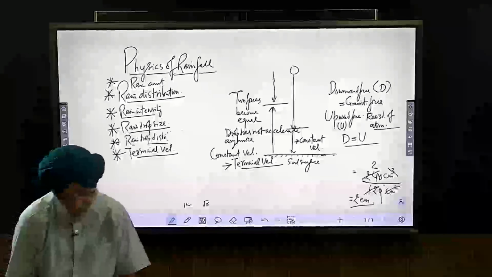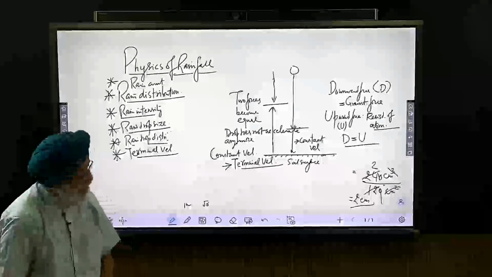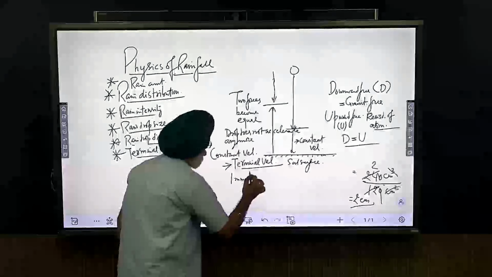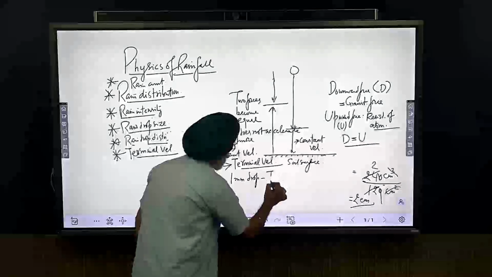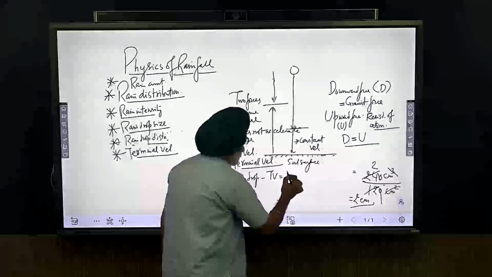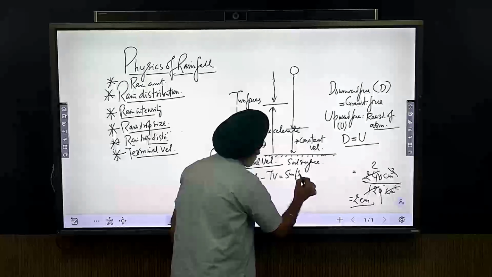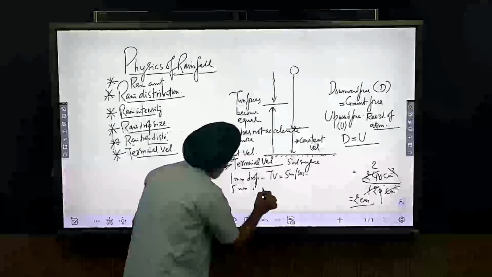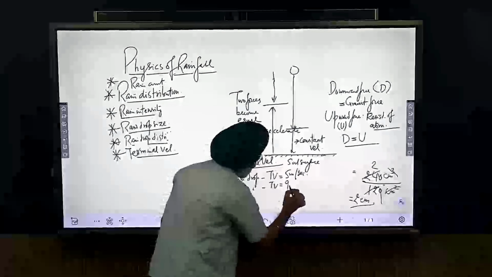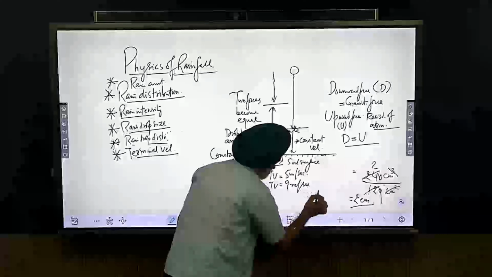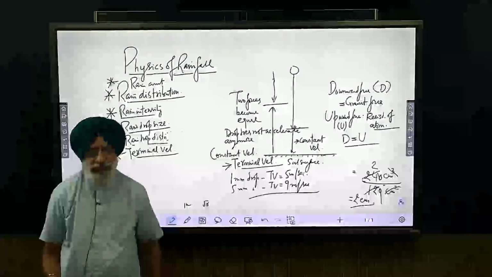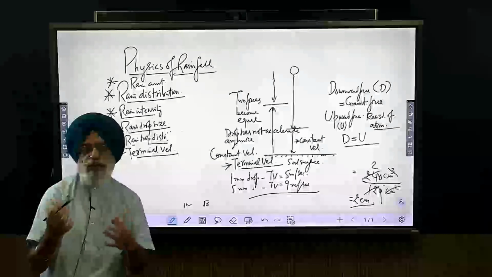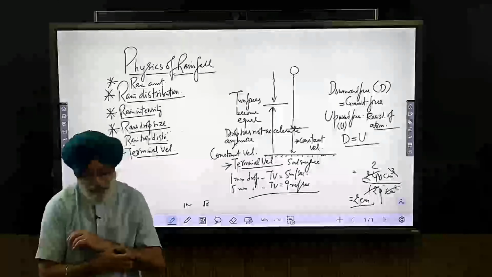If you have a drop of 1 millimeter, its terminal velocity will be 5 meters per second, and if the drop is 5 millimeter, then terminal velocity will be 9 meters per second. So the terminal velocity is basically a function of the size of the drop.